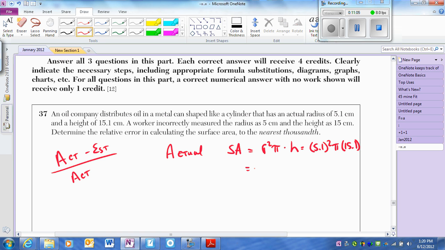Okay, my calculator. Well, this is surface area. This is volume. I do not want volume. I don't know what I'm doing. This is volume. I'm using the wrong formula.